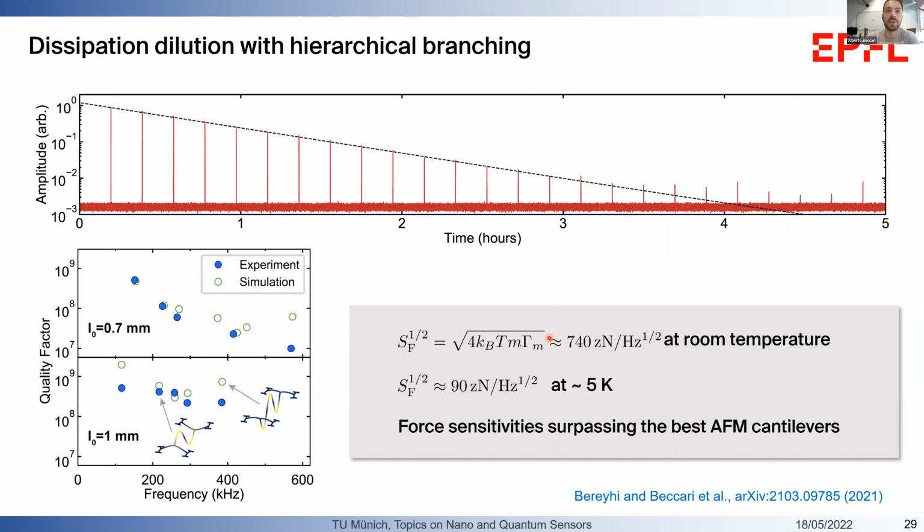And with this type of fractal-like device, we also recorded very high quality factors, up to roughly 800 million at room temperature, and a bit beyond 1 billion at 5 Kelvin, in the same cryostat used for the previous experiment, which corresponds to force sensitivities that are better than the performance of the best AFM cantilevers that has been reported so far.